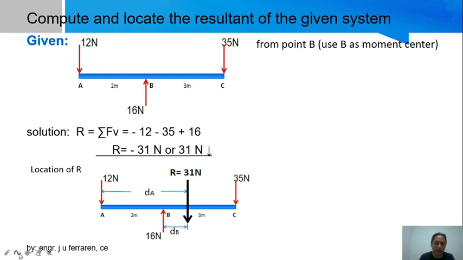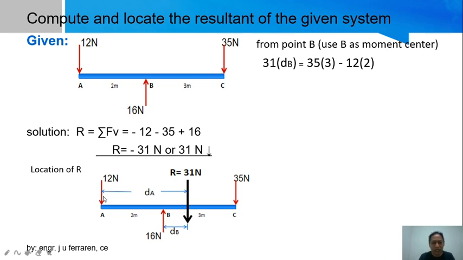If I treat clockwise moment as positive, then I have 31 times the distance to B. What is the distance to B? I put it as dB. So this is now your moment equation. This is the resultant of 31, so 31 times dB, positive because the rotation produced by R, using B as the moment center, is clockwise.